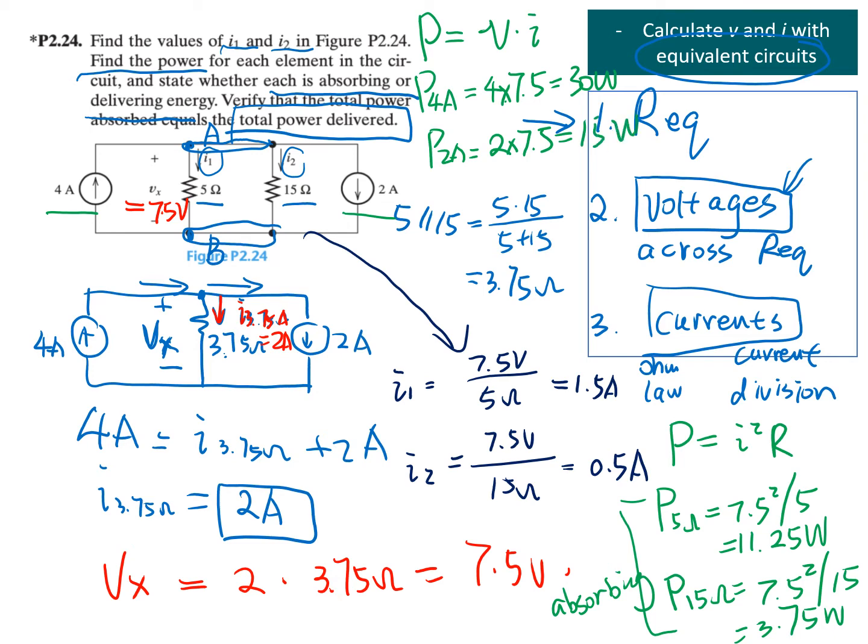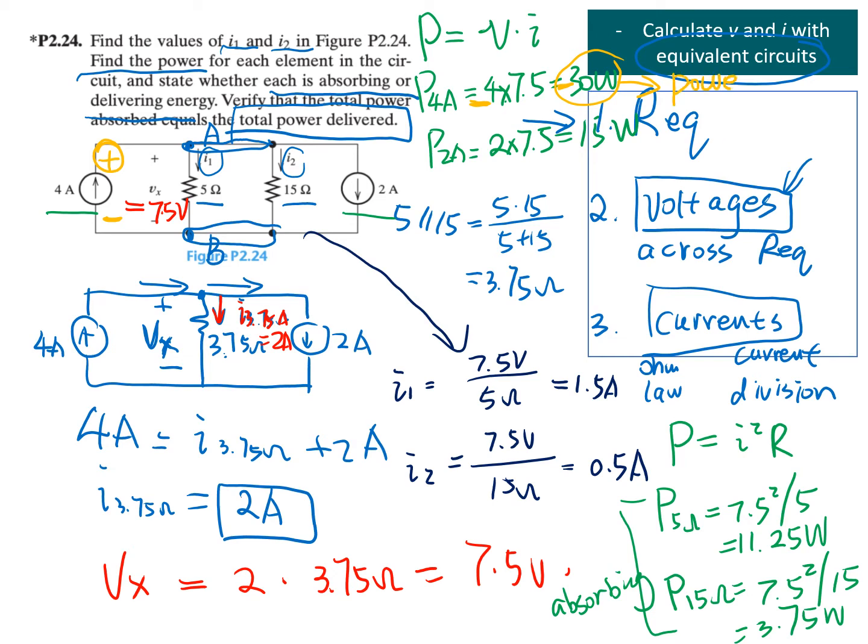And because this is positive, this is negative, the current is leaving the positive terminal. So for the 4 amp current source, we have negative here and also negative here. So it is the only element in this circuit that has a negative value of power.